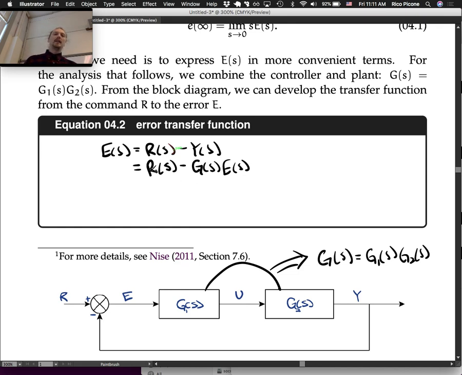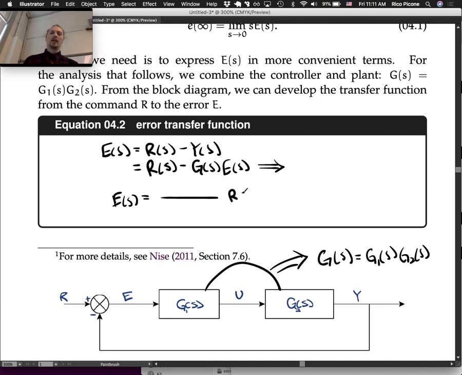We have E in here, we have R in here, and we can solve now for E by moving this term over to the left-hand side, factoring out E, and dividing over whatever is left. So E of s equals what's left on the right-hand side, which is R, but we're going to pull R out.